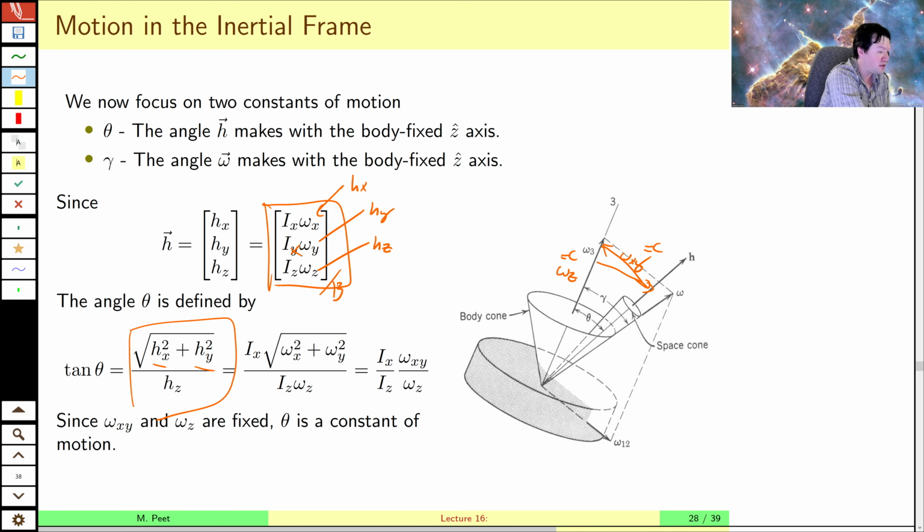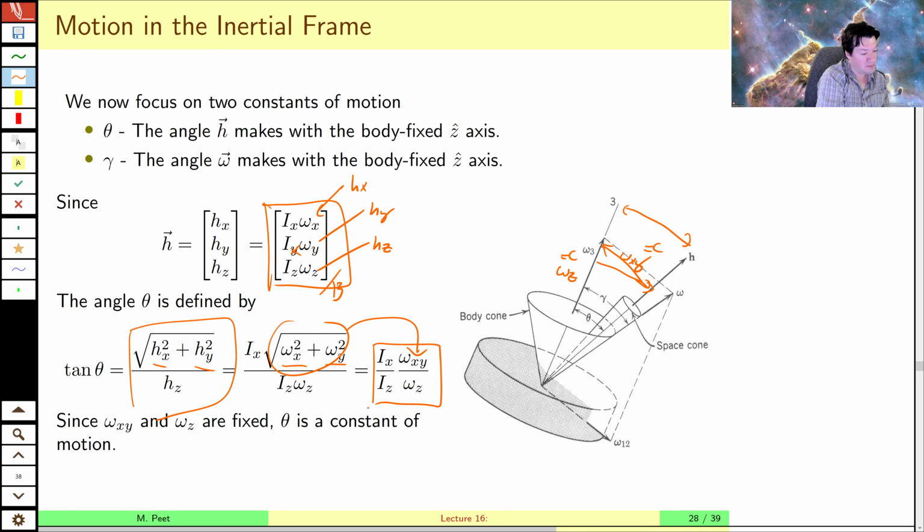Those x and y are the same, so we pull out the Ix component, and we get Ix times omega x squared plus omega y squared, which we know is a constant, omega xy. And the denominator doesn't change at all. Okay. So the angle that the angular momentum vector makes with the z-axis is fixed, and it's given by this expression here.